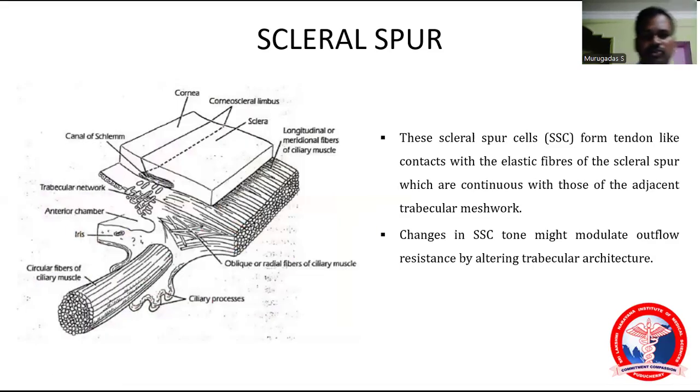Again, this picture explains that these scleral spur cells form tendon-like contact with the elastic fibers of the scleral spur, which are continuous with those of the adjacent trabecular mesh. Changes in scleral spur cell tone might modulate outflow resistance by altering the trabecular architecture.